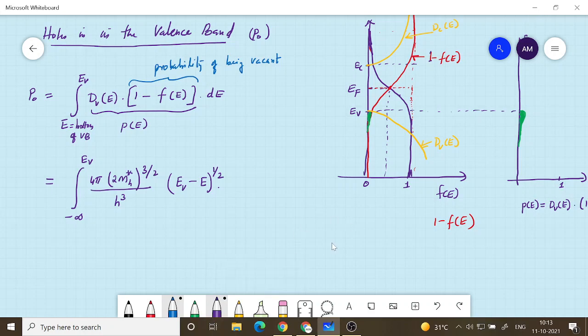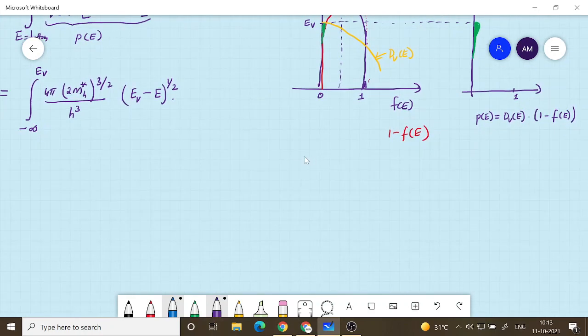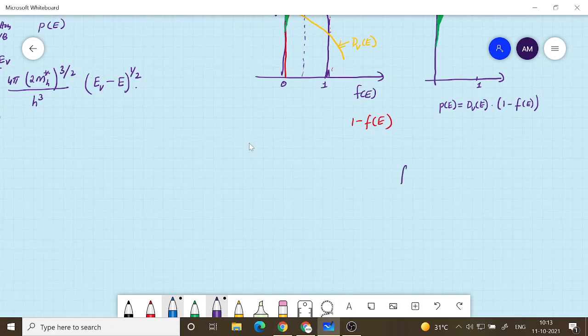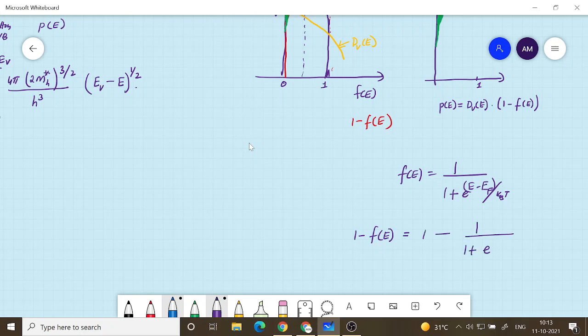Let me also talk a little bit about 1 minus f of E. We know f of E is basically 1 by 1 plus e raised to E minus EF by kBT. So that is f of E. So 1 minus f of E is 1 minus 1 by 1 plus e raised to E minus EF by kBT.